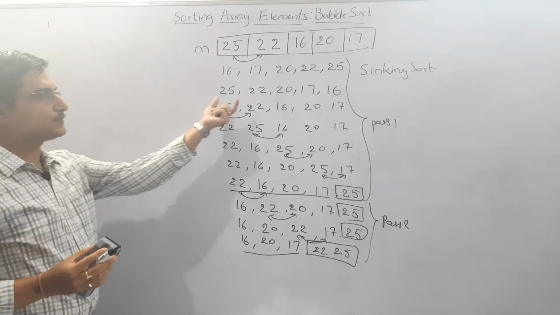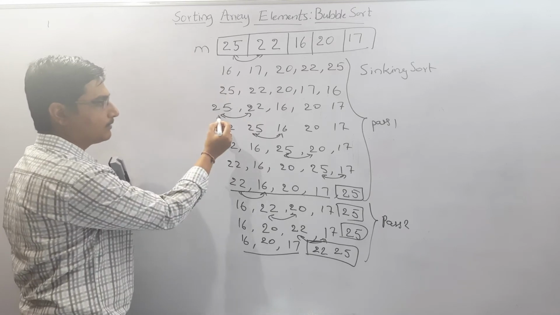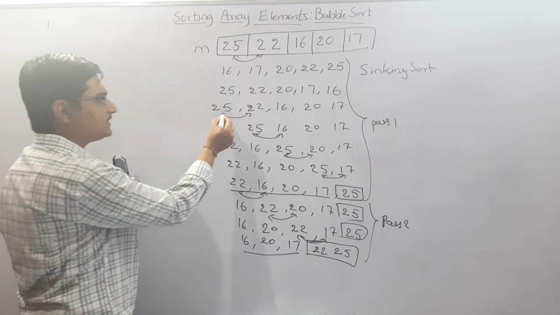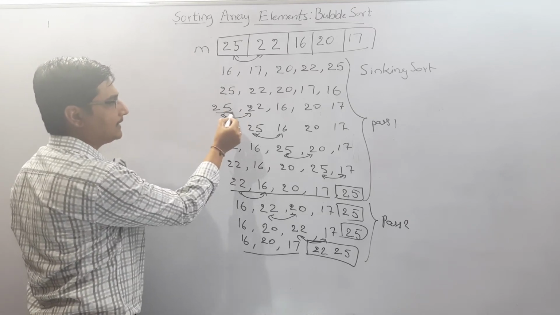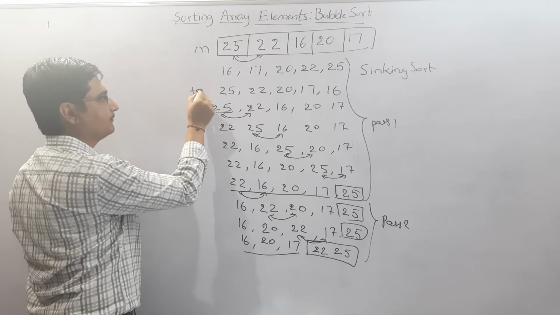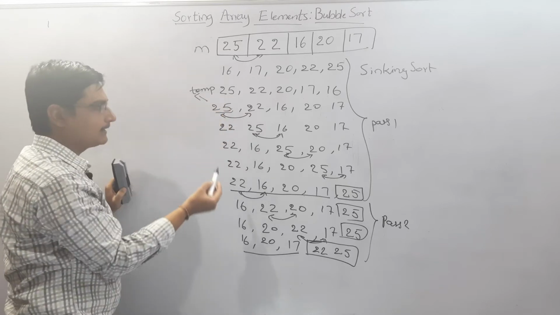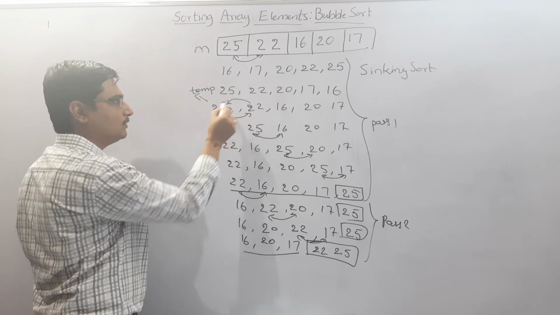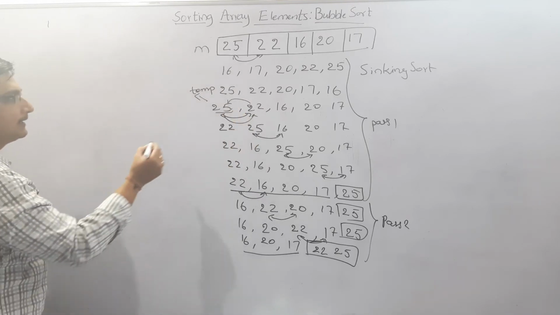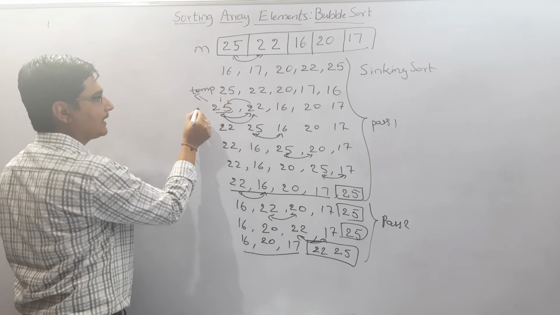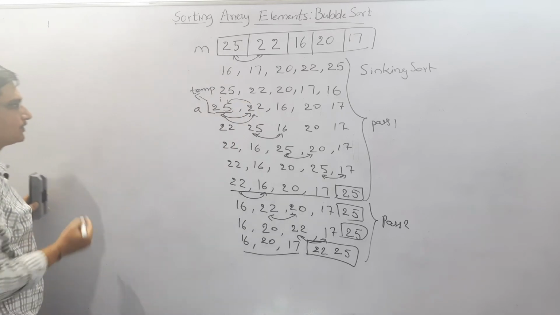When we want to swap 2 elements, say I want to swap these 2, what operation do we need to carry out? I need to place this element in a temporary variable, that is the first task. Then this place is empty. Then I need to place this element in this place and that element in the other place. Assume this is the ith position and the name of the array is A, and this is the I plus 1 position.